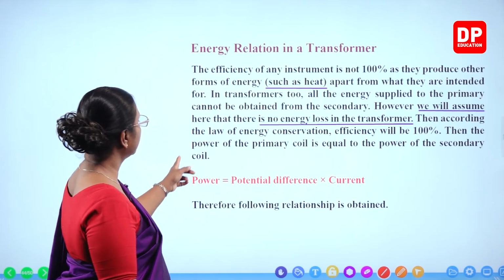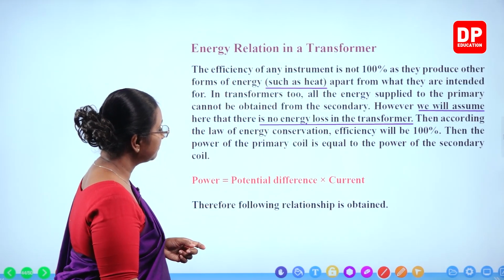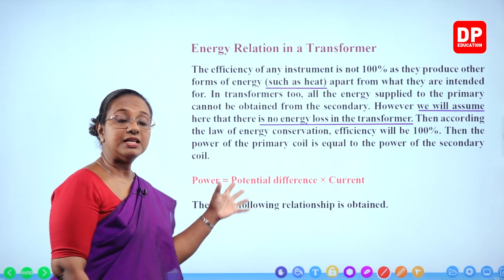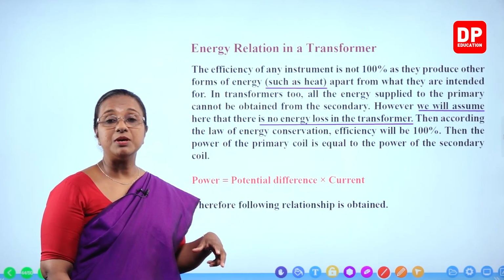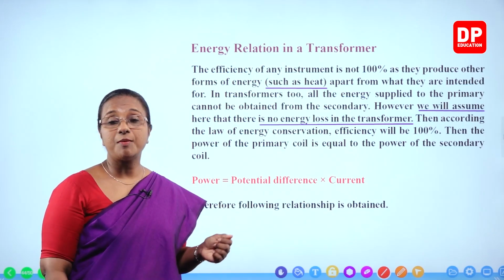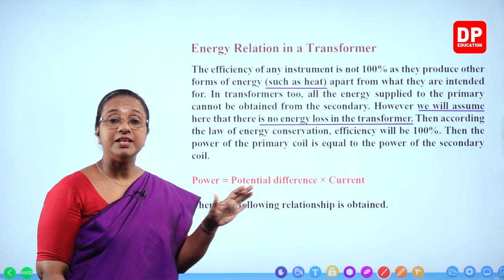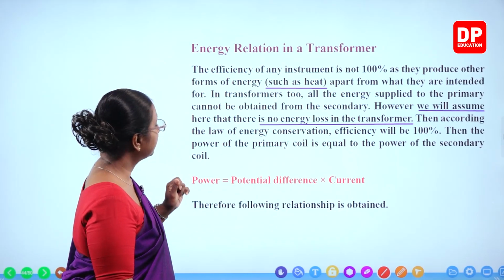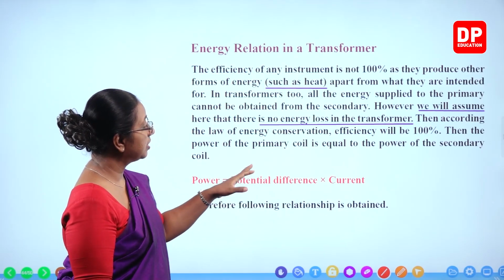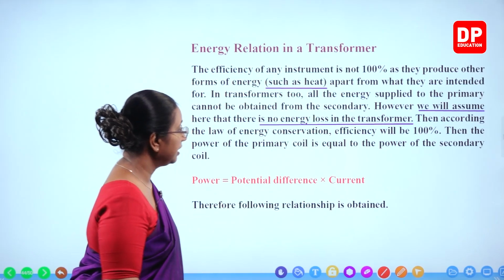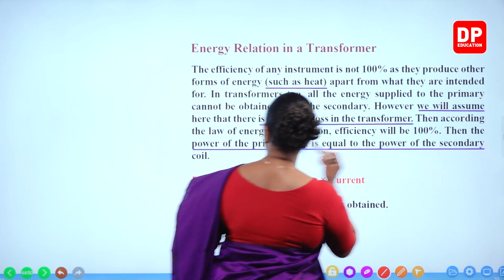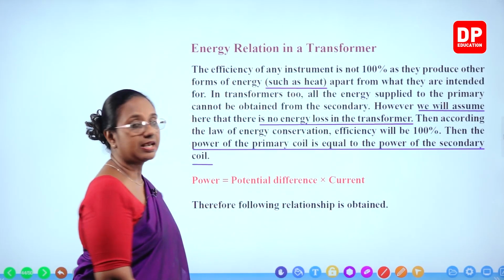Then according to the law of energy conservation, efficiency will be 100%. The energy you supply to the primary coil will be obtained from the secondary coil if it is 100% efficient. Then the power of the primary coil is equal to the power of the secondary coil.